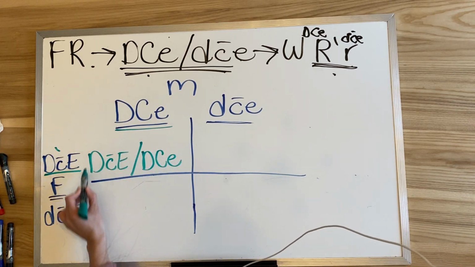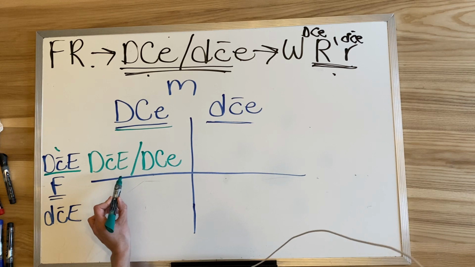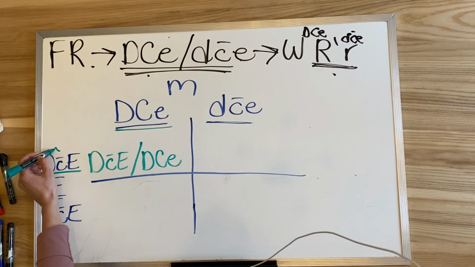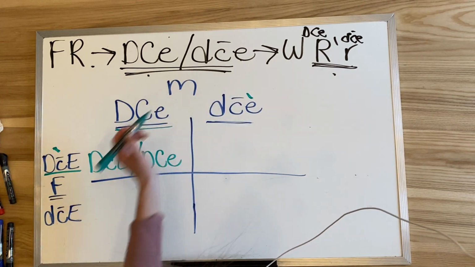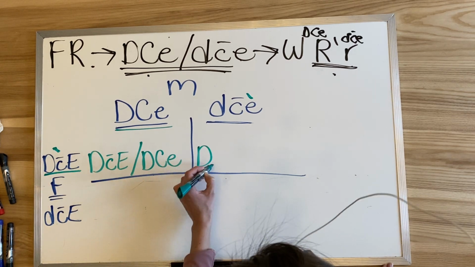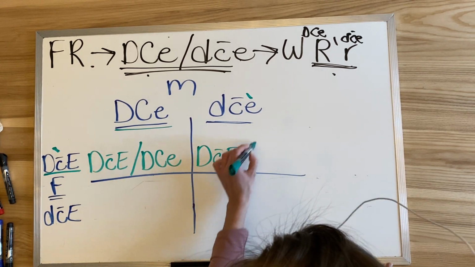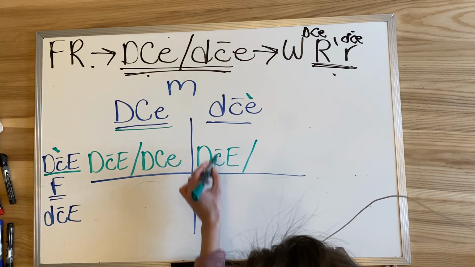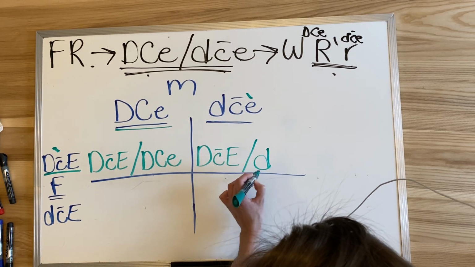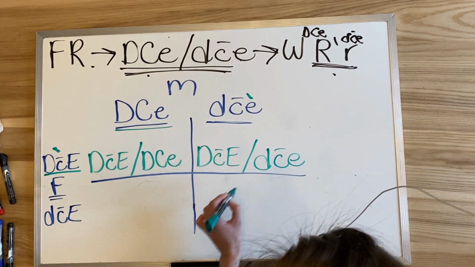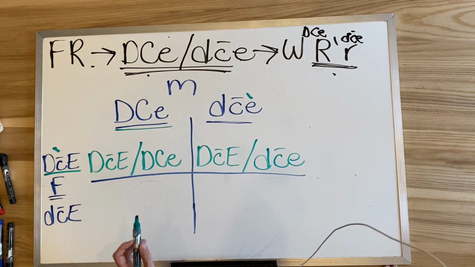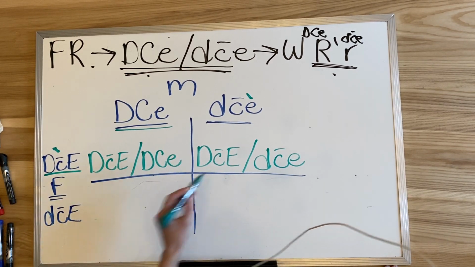So this is one potential genotype for an offspring. Then you finish the Punnett square, so you take this same one here with this one this time. So D, C, E from the father, one person, one offspring, so they also have to have the other combination from the mom, D, C, E. So this is a second genotype option.